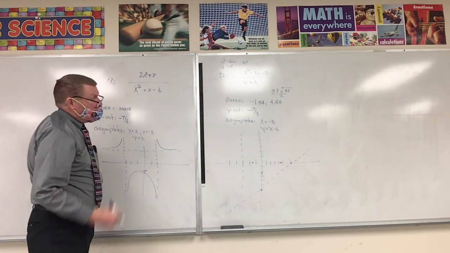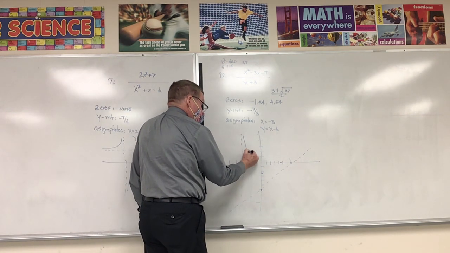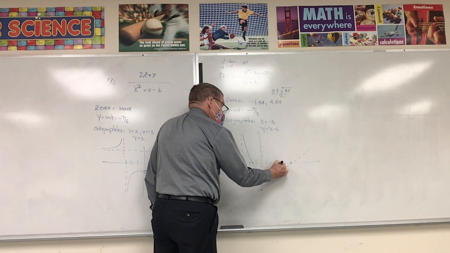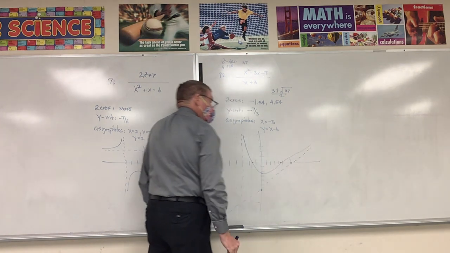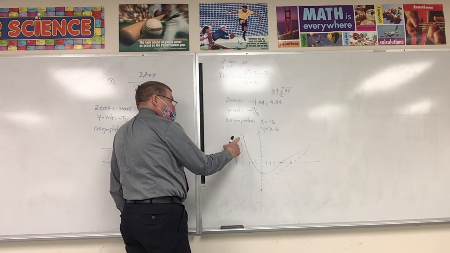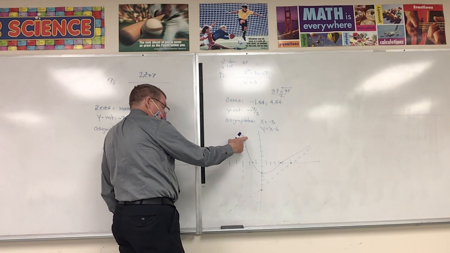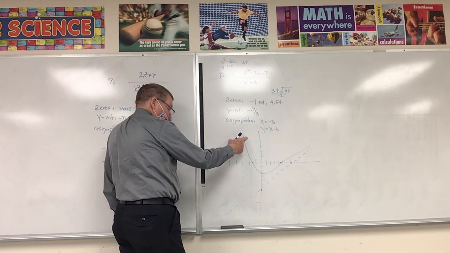Down like this. Seeing my points are here, I know I'm in here, close to my asymptotes. When I cross the asymptote here, if this is up over here on the right hand side, I will be what on the left hand side? Down.